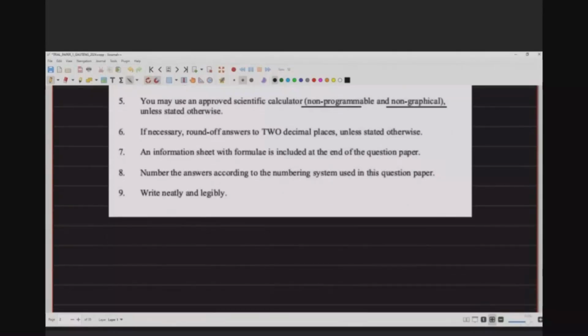And a few points to note when they are marking your paper. If you've answered a question twice, only the first attempt is going to be marked, regardless of which attempt is correct. And if you have crossed out an answer and you did not redo it, the crossed out steps will be marked.